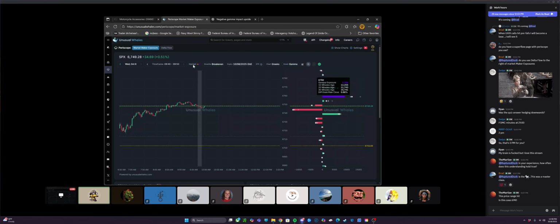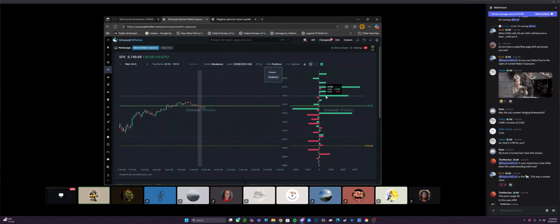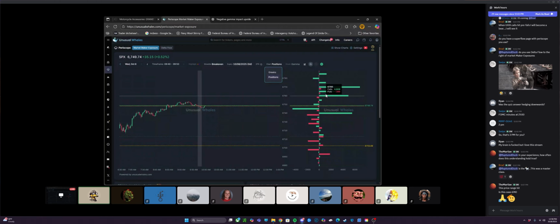If we look at highlights, that means market makers are unwinding their long gamma at 6760. They were previously long calls at this position, which means they are exiting those long calls, which creates less of a magnet effect to the upside.